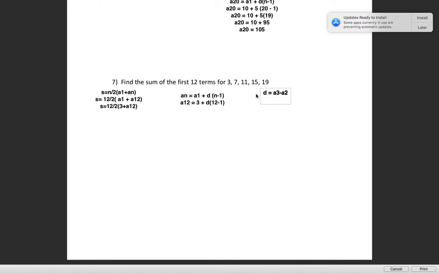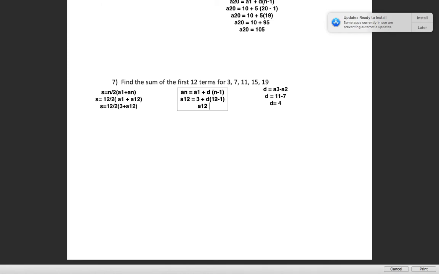This is a formula we haven't seen since the beginning of the test. So the difference will equal, now A3 is 11 and A2 is 7, so 11 minus 7. The difference equals 4.